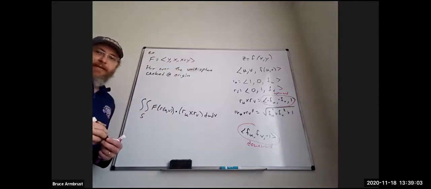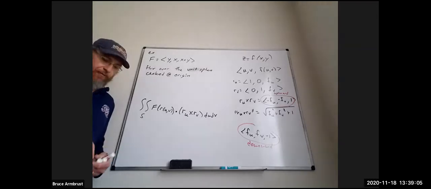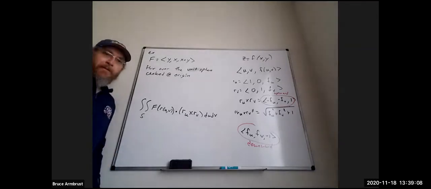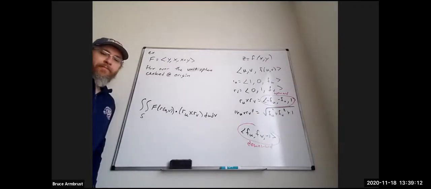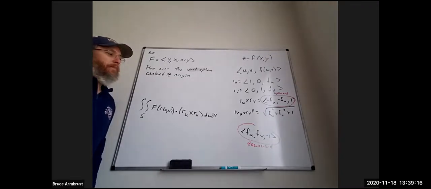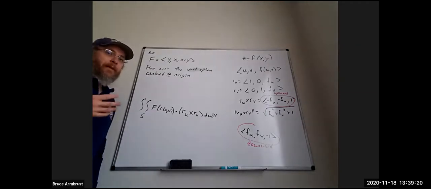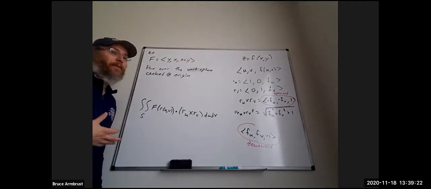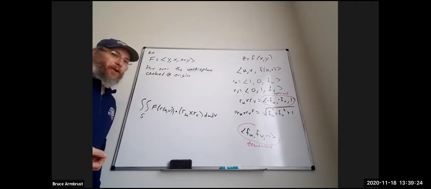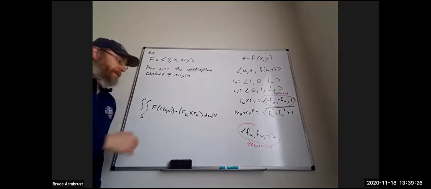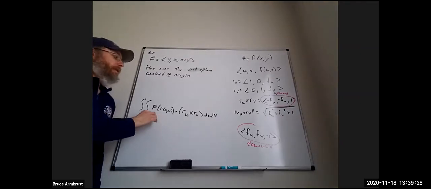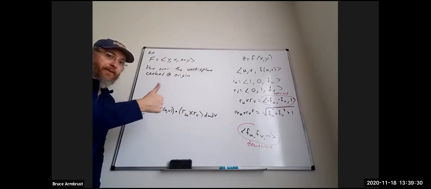Centering at the origin will make it easier for us to convert it into a form. All right, so good. Let's at least get it set up. I don't know that we'll actually do the integral because the integral may be gnarly, but let's at least get it set up.